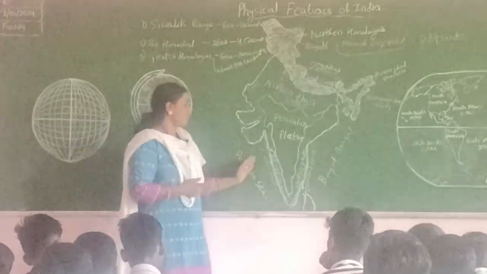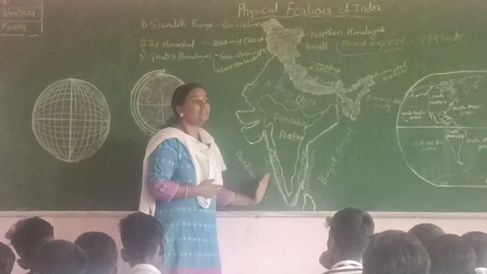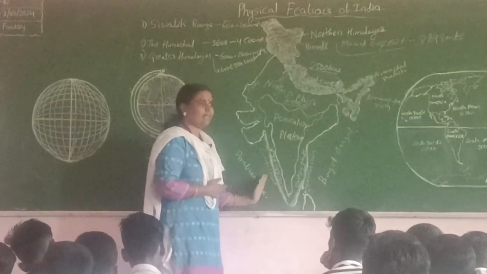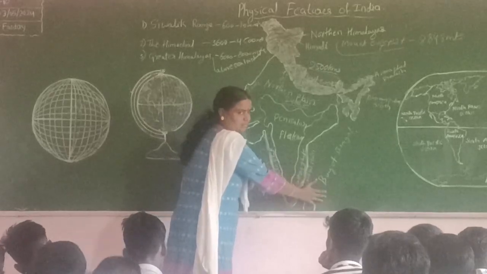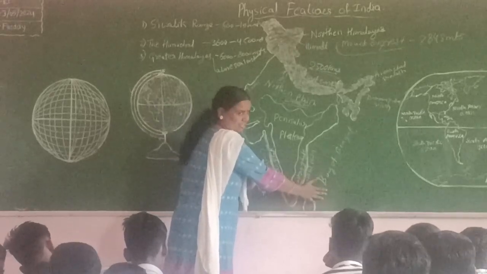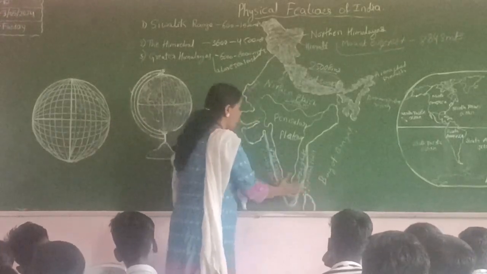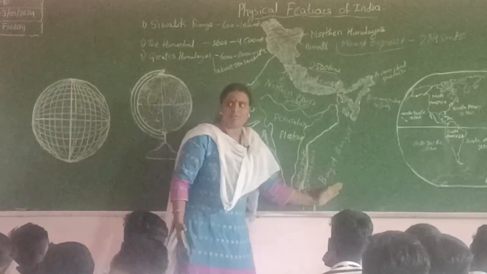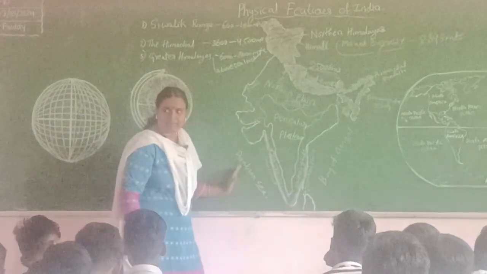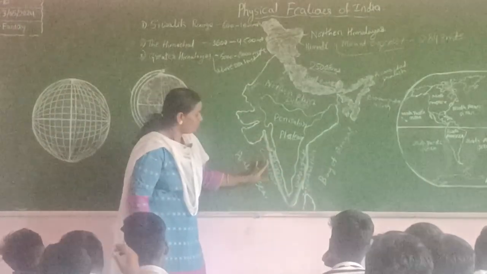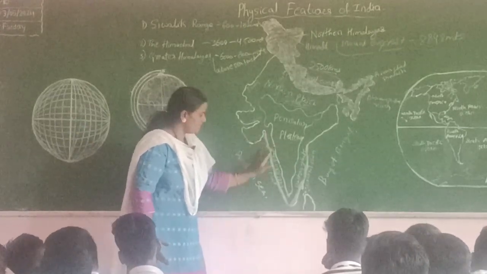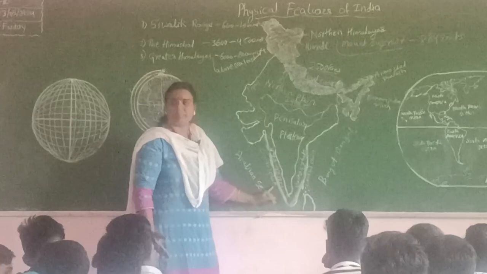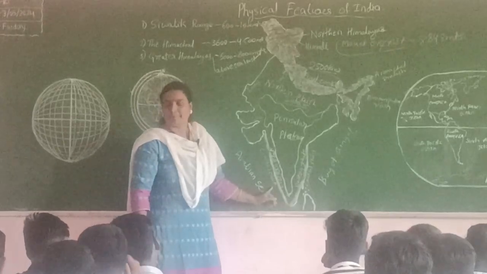And then the fourth one is the coastal plain, which is the border of the sea, the water frontier. Here is the Bay of Bengal on the east side and the Arabian Sea on the west side. The area between the Deccan Plateau and the sea is called the coastal plain.